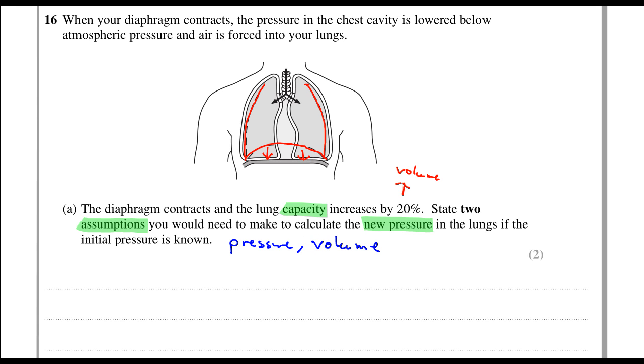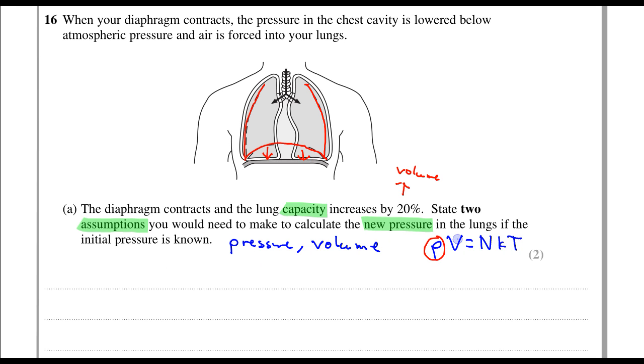Since we are dealing with air and the changing properties of air, we would need to make use of the ideal gas equation, PV is NkT.